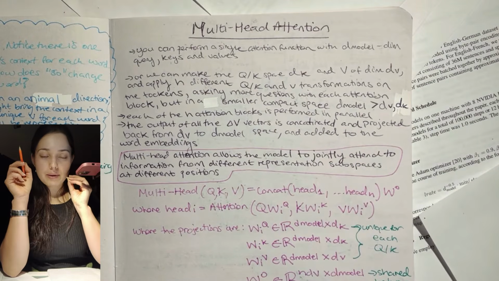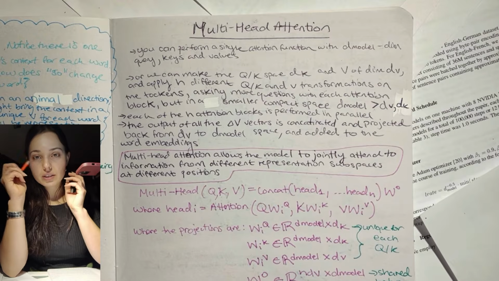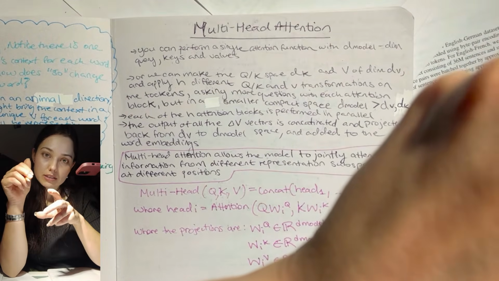This is the computational benefit of shrinking into the smaller key query V space instead of working in the model space.